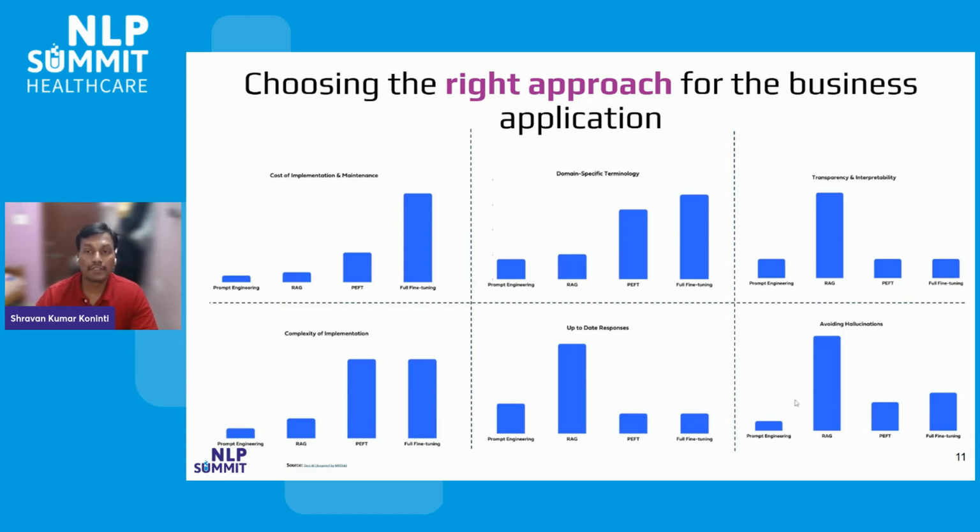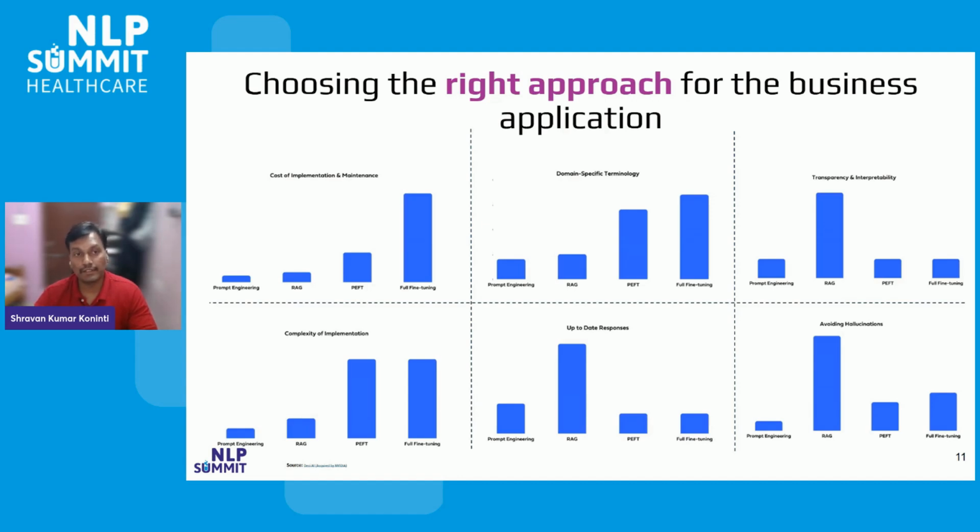Now there might be some other application in a particular domain or a function. What they require is that the entire domain data needs to be utilized within the organization. They don't want the data to go outside, or any training they are doing, they want to do it with their own data.